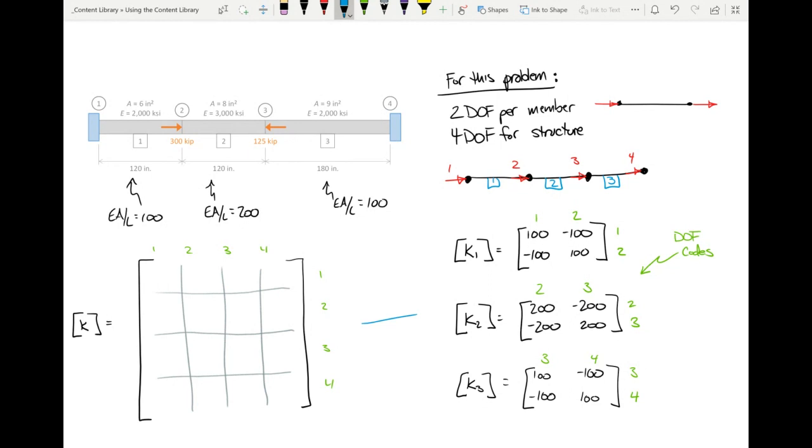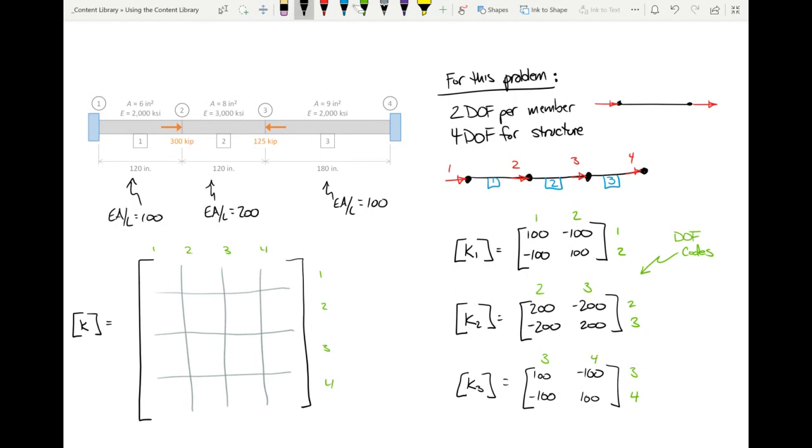That's a great question. The reason why is because remember at the beginning, I want you to think about this in terms of degrees of freedom. The size of the stiffness matrix is with respect to the degrees of freedom. Remember, in this problem we're only considering displacements in the x direction. If we were considering displacements in the y or z direction, the problem would get a lot bigger.